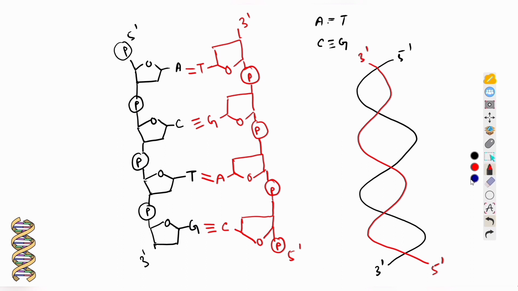And in between them they are having what? Hydrogen bonds. These are the hydrogen bonds. So these are weak bonds in comparison to the phosphodiester bond.